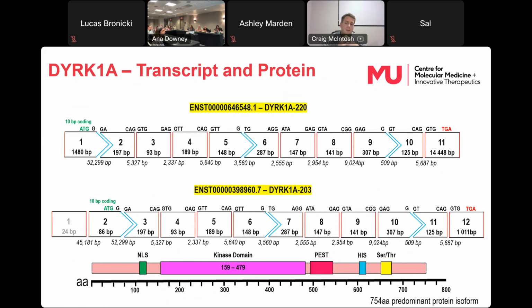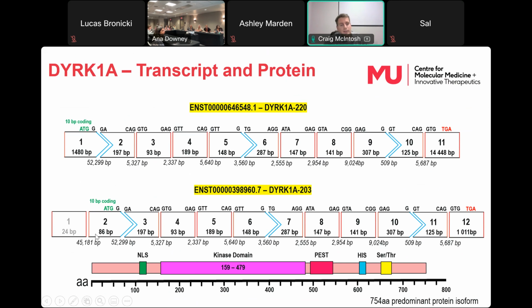We've actually found a few more isoforms from further analysis. This does make a difference to some of our screening because this number means that there's 1,480 bases. So our genetic code is made up of bases, and obviously that's a large region that we can target, whereas in this section there's only 86.